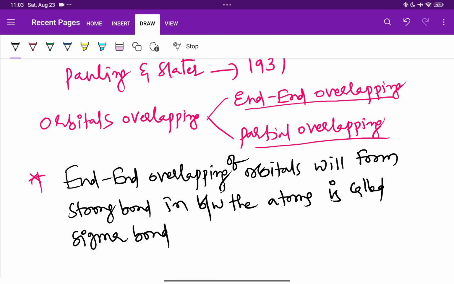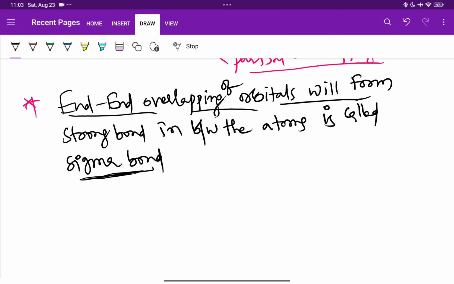So sigma bond is formed by end-end overlapping of orbitals, and sigma bond is the strongest bond in between the atoms.